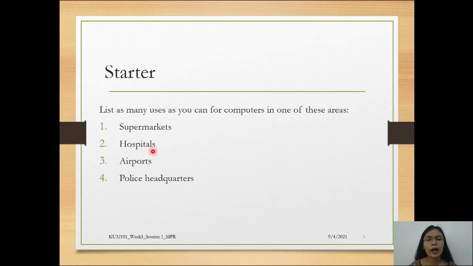Okay, so pick one of these areas, and then list what the functions of the computer are in that area, whether it's in the supermarket, the hospital, the airport, or the police headquarters. Please list this and make sure that you are able to share your answer later in our practicum session.